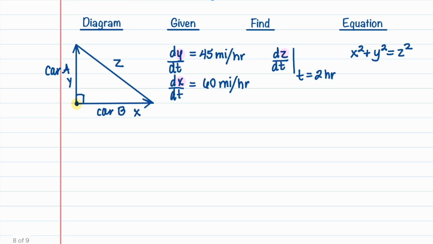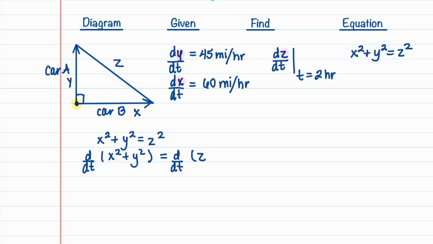Now we're going to take that equation and differentiate it with respect to time. So let's first write it down. We have x squared plus y squared is equal to z squared. Now we're going to take the derivative with respect to time of both sides, x squared plus y squared, and then d/dt of z squared.